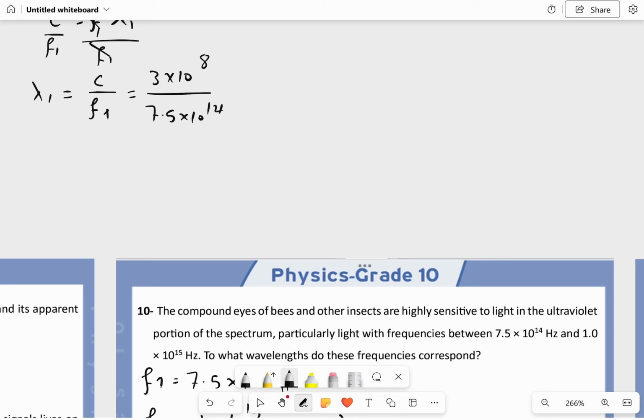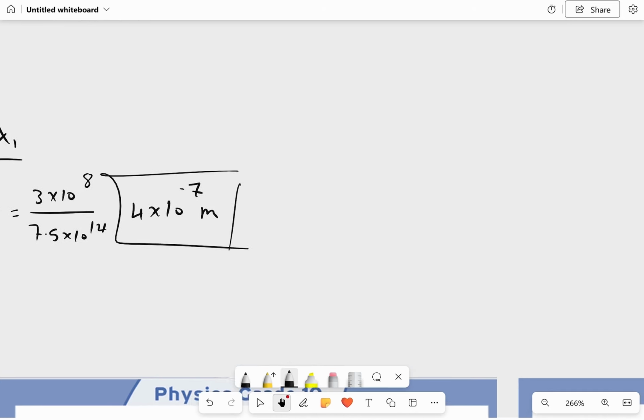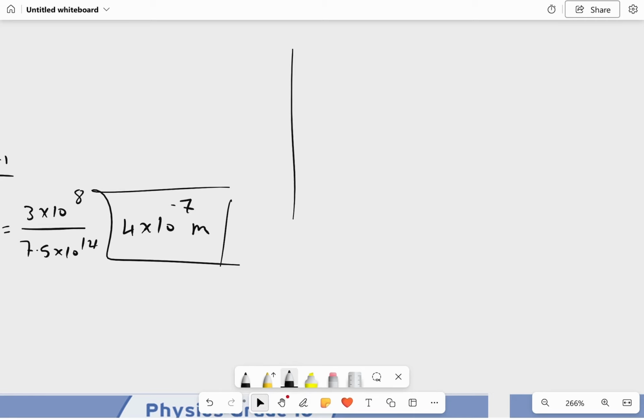We have 4 times 10 to the power of minus 7 meters, or 400 nanometers if you change it to nanometers. So this is the first wavelength.